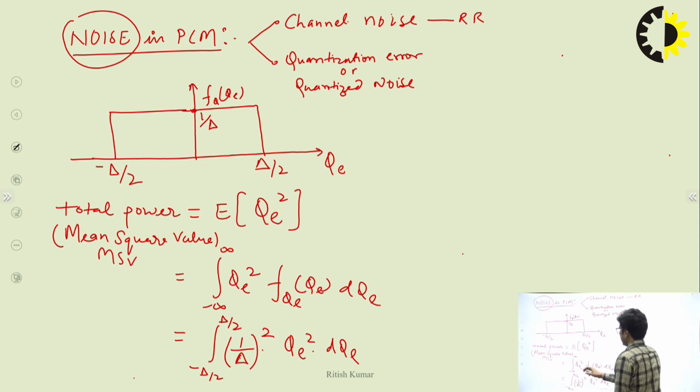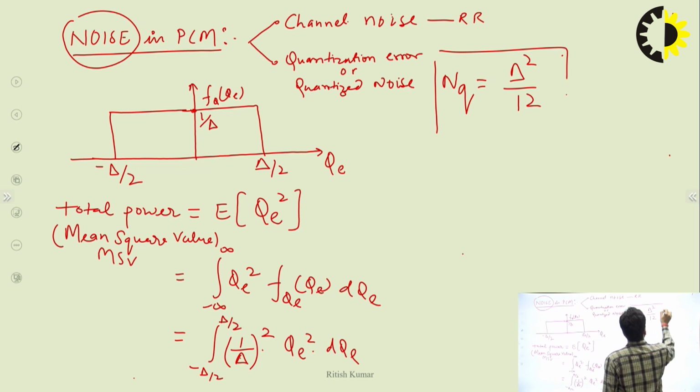After applying this limit, after completing this integration, we have the total noise power, that is the quantization noise power, and Nq is equal to delta square by 12. This is an important one that you have to remember here, right?